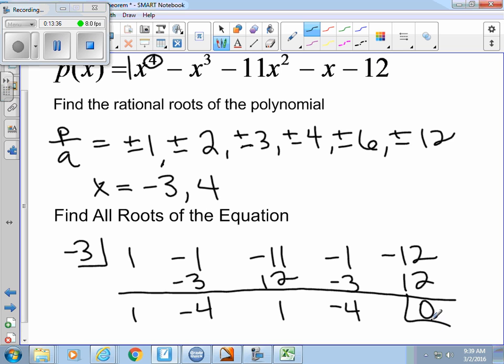If I do not get 0 here, what do I do? I did something wrong. Either I changed the sign wrong or did something wrong because that would mean -3 wasn't in fact a 0 like I thought it was. Everyone know what I mean by that?